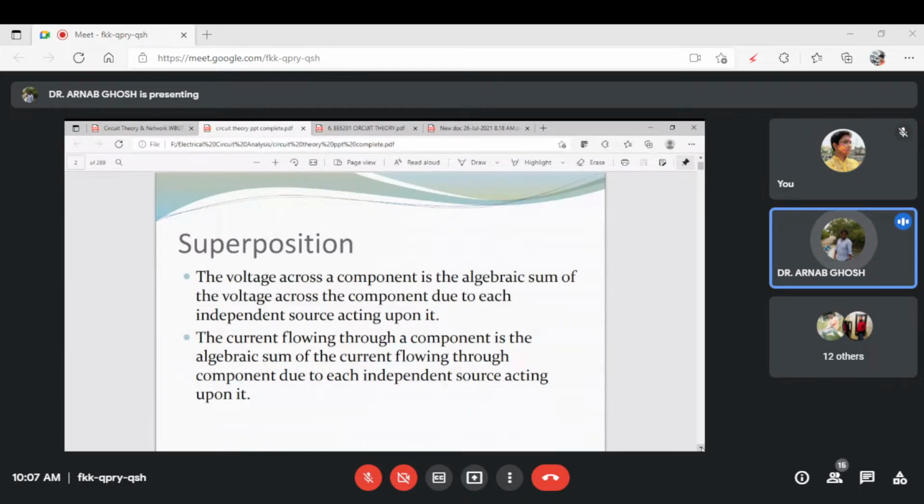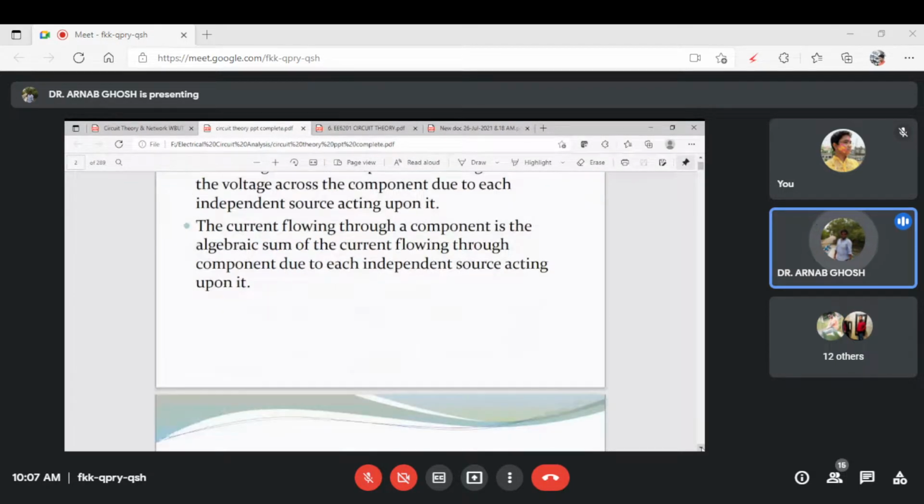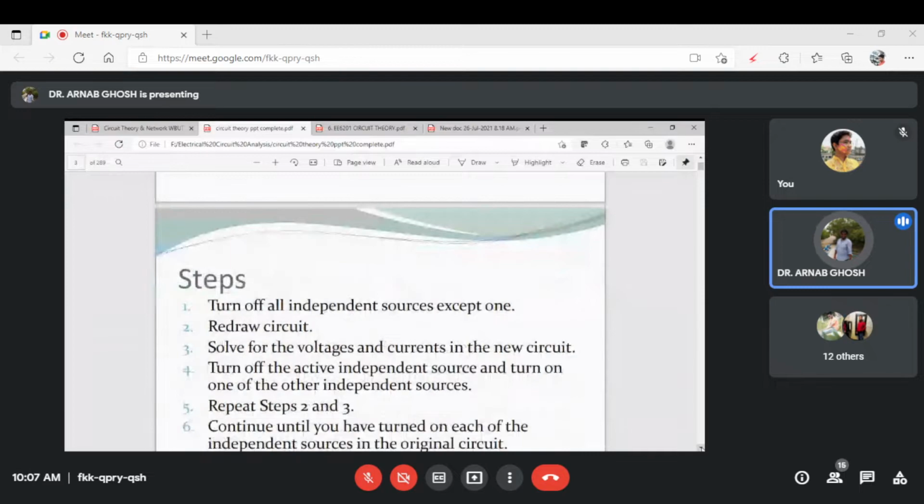What is a linear network? A linear network consists of resistances, capacitances, or inductances, that means any network that follows Ohm's law. And a bilateral network consists of bilateral elements, allowing current flow in both directions.